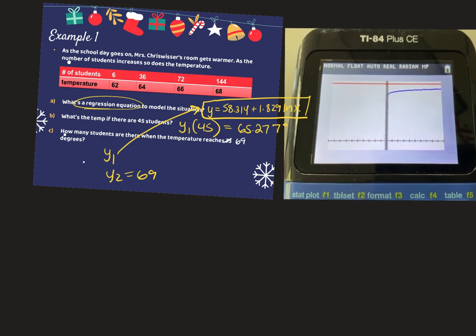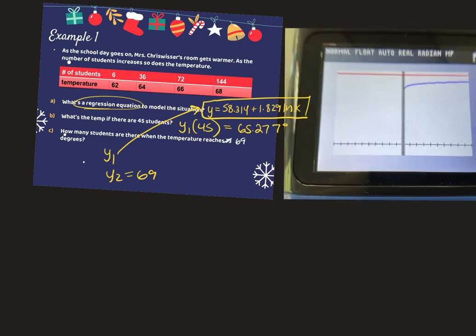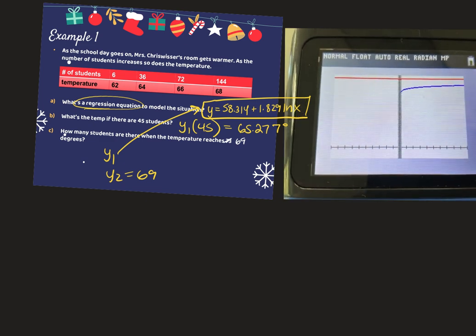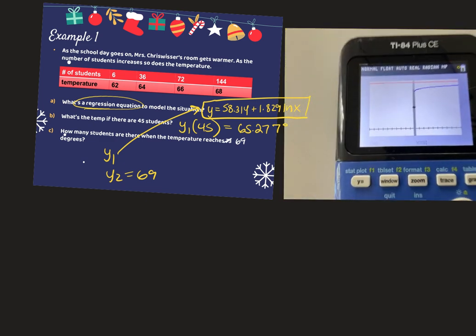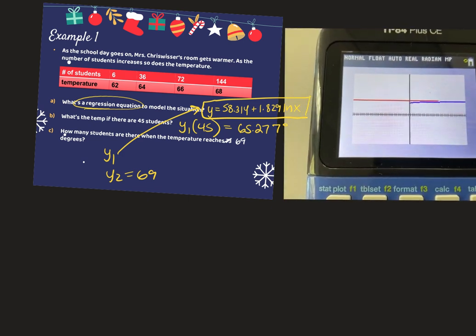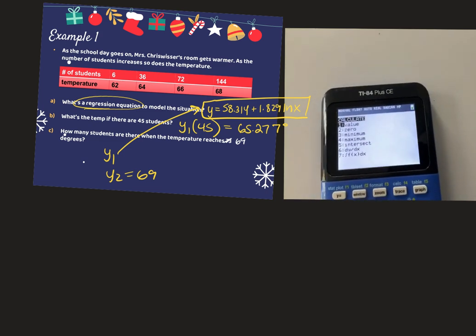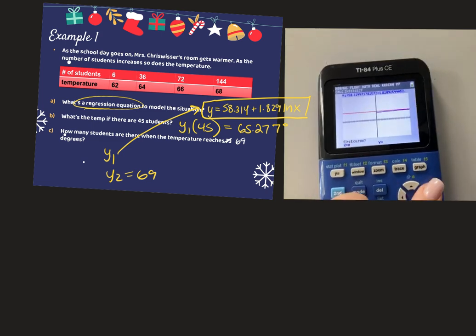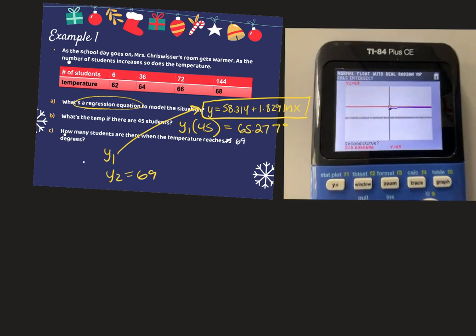So this ln is kind of so flat that you're not increasing by a lot each time. So I'm just going to hit zoom, and sometimes you're going to have to zoom out multiple times. So don't freak out. There's once. And I can try to see if it crosses. So if I do second, calc, intersect, and I have to get the spider with 4 legs onto the graph, it'll hit once, twice.